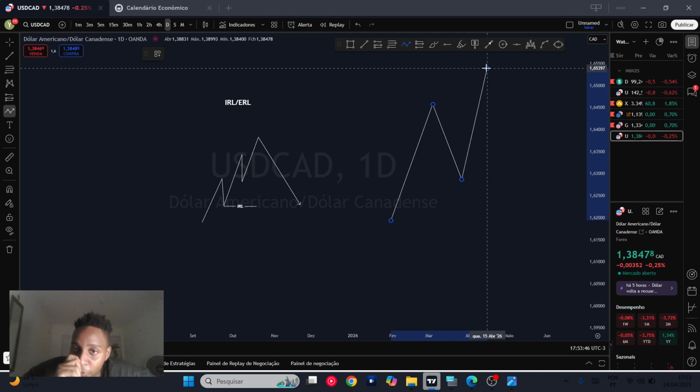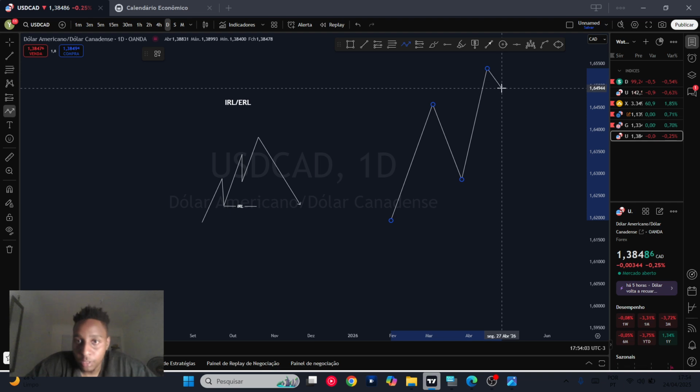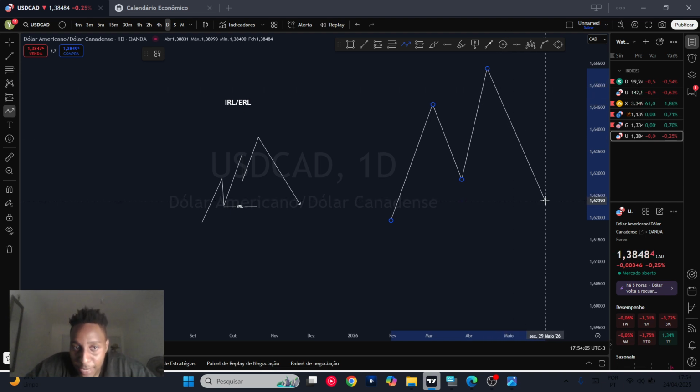This down move becomes external range liquidity because it was created in the retracement. Internal range liquidity, expansion move. External range liquidity, retracement moves.